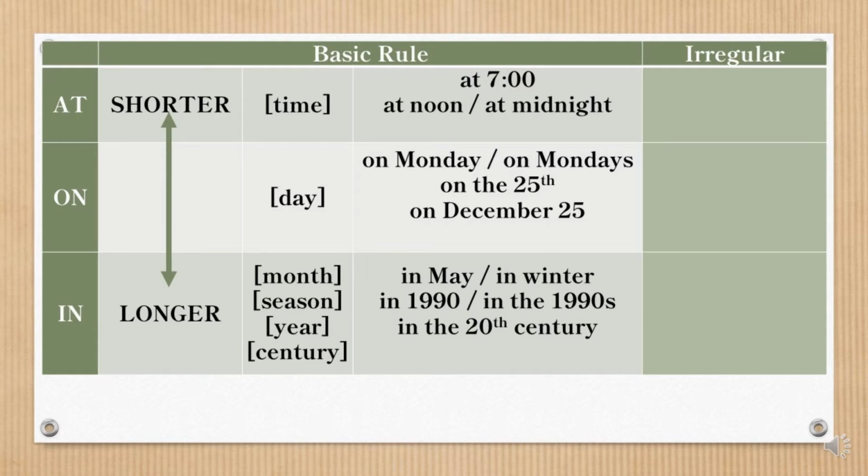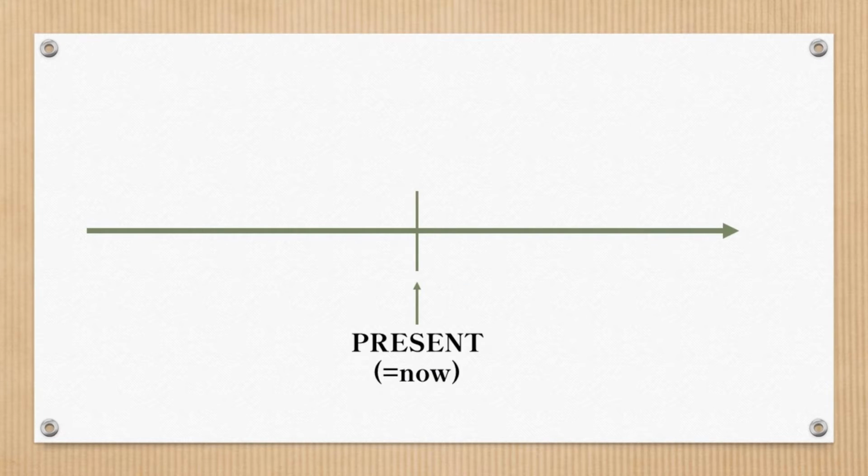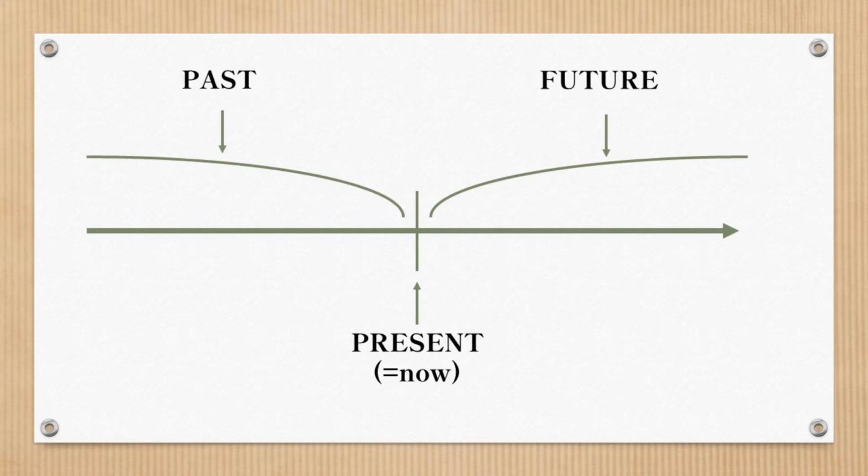First, let's think about past, present and future. Which is a shorter period? And which is a longer period? Yes. Present is a shorter period. Time flies, and the present is always disappearing into the past. So present is a shorter period, and we use at. How about past and future?